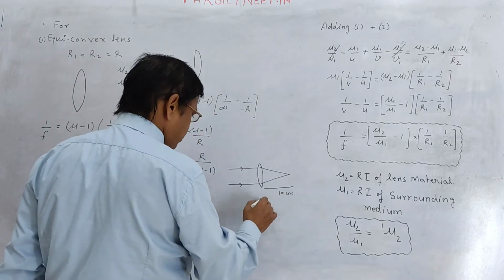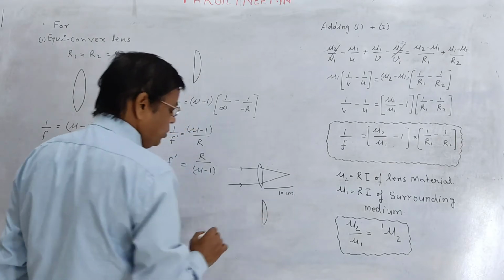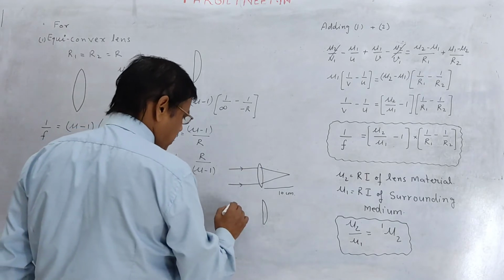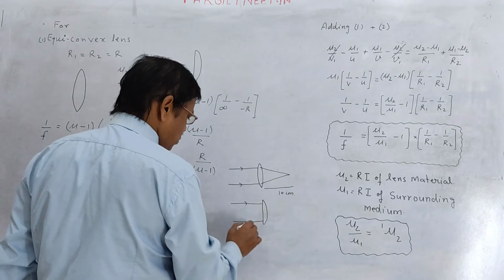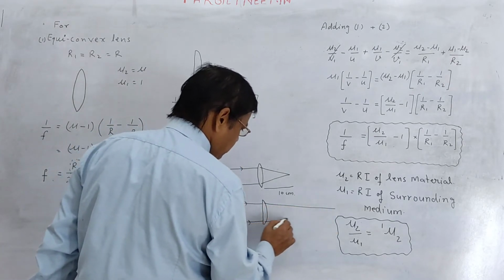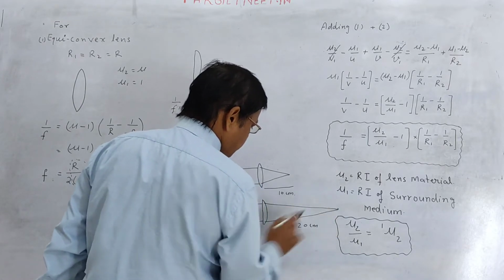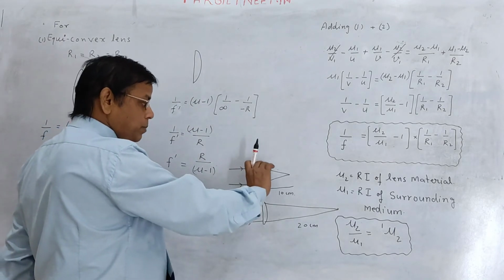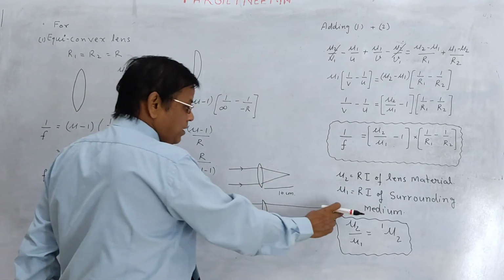Then if you put a plano-convex lens, with the R of this and the R of this the same, then its focal length is twice of this. So it will bend light so that they meet at 20 centimeter. It means this bends less than this. The more the bending, the nearer the meeting point. The less the bending, the farther the meeting point.